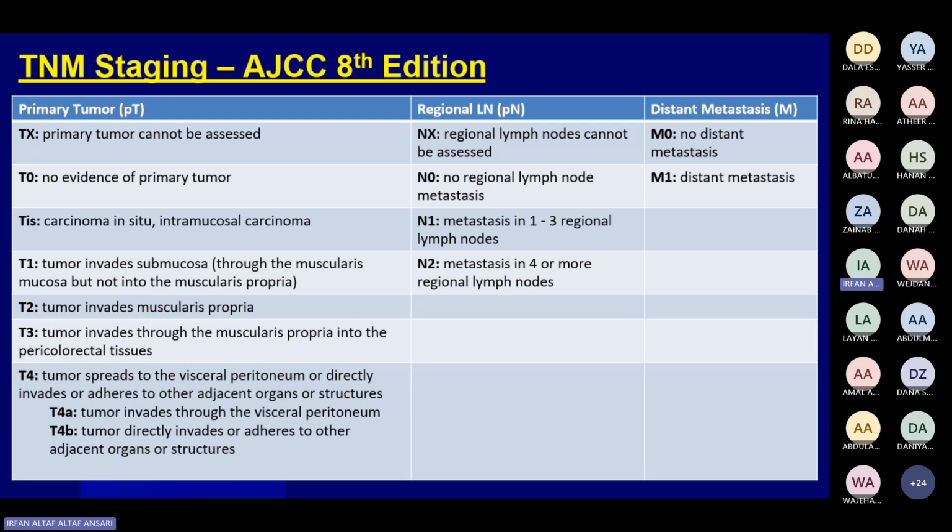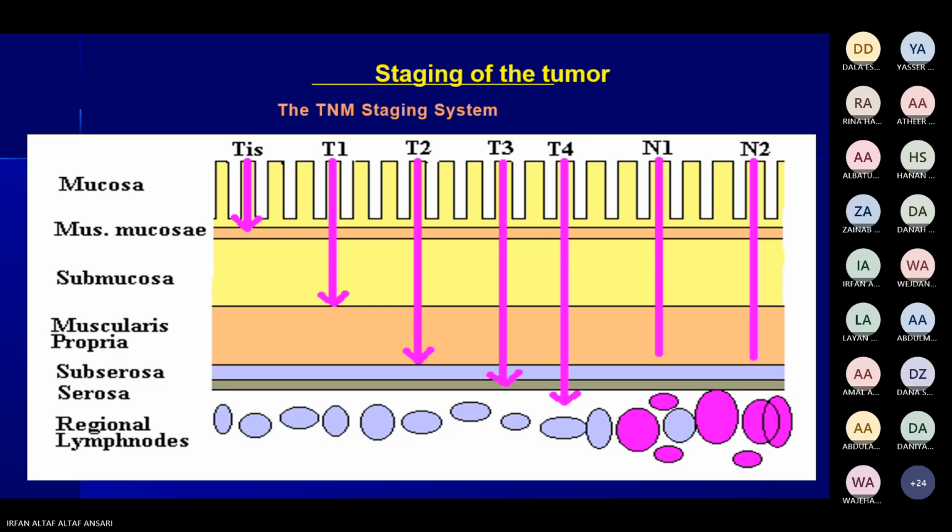N1, 1 to 3 nodes, N2, 4 or more lymph nodes. M0, no distant metastasis. M1, distant metastasis. So this is T1, T2, T3, T4, N1 only 3, and N2, 4 or more.